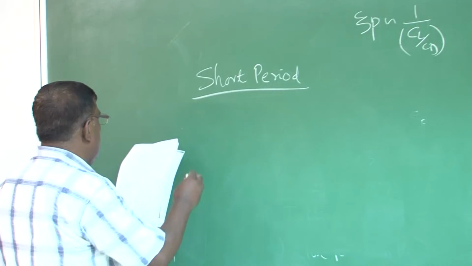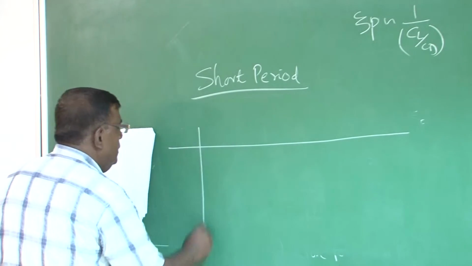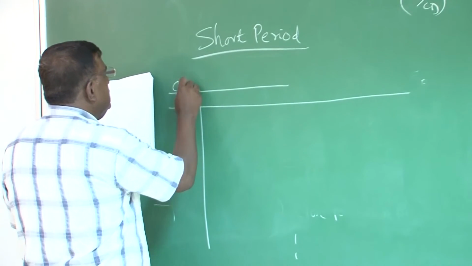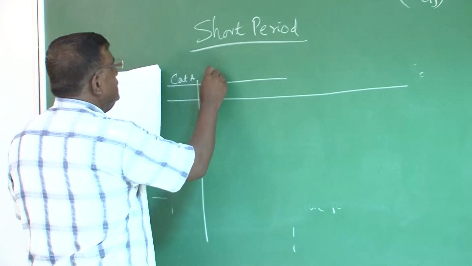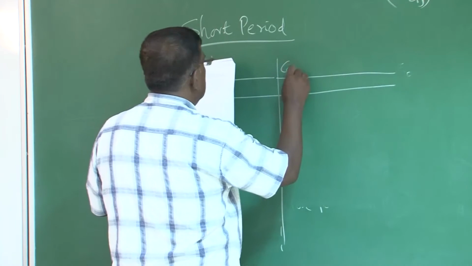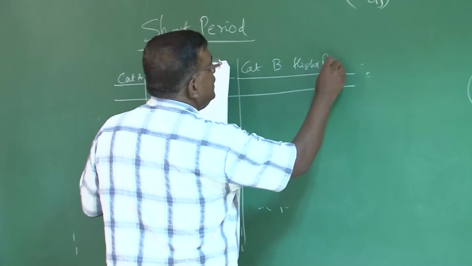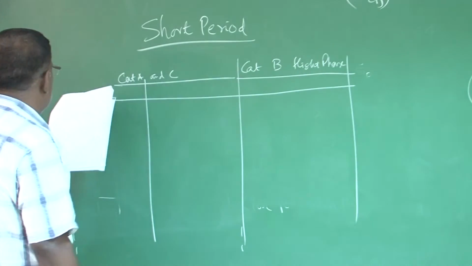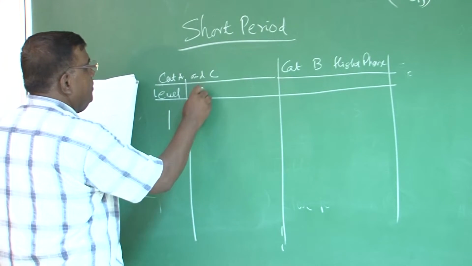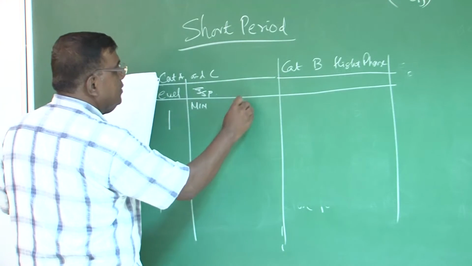When it comes to short period, the requirement is this. If I draw it like this, this is category A and C, and this is category B. This is a flight phase. You know, when I say flight phase, we are talking about category. And for level 1, zeta short period should have a minimum and a maximum.